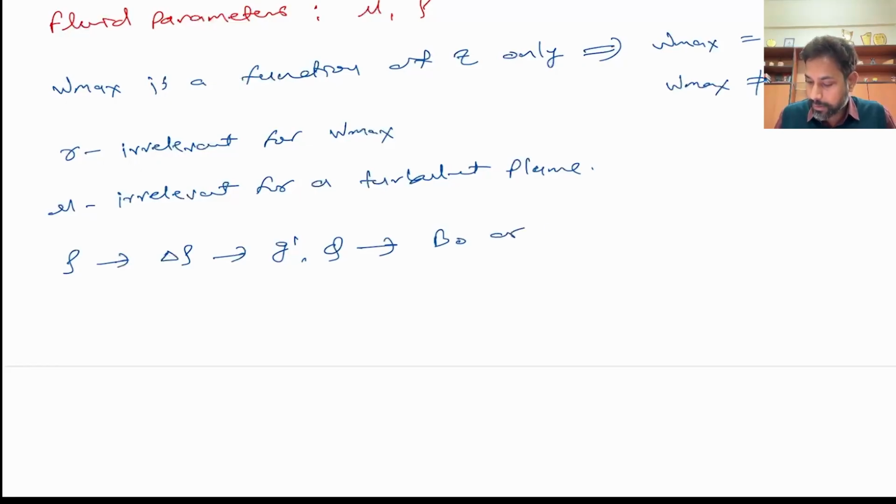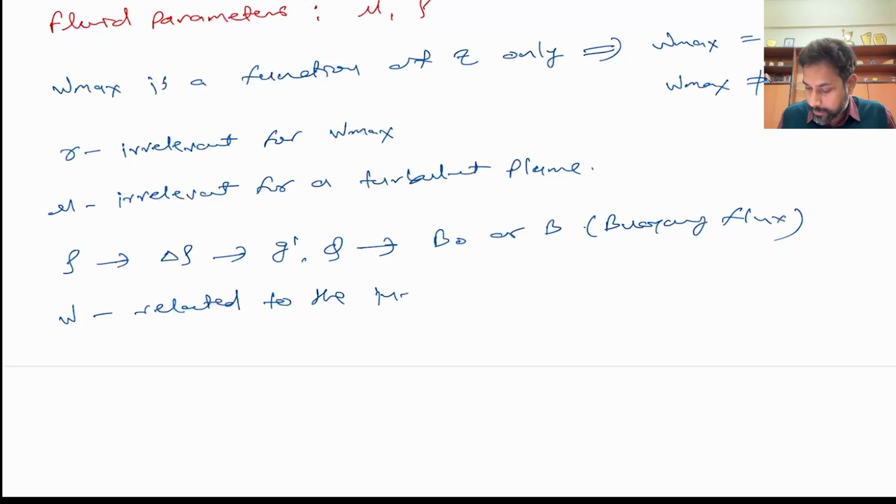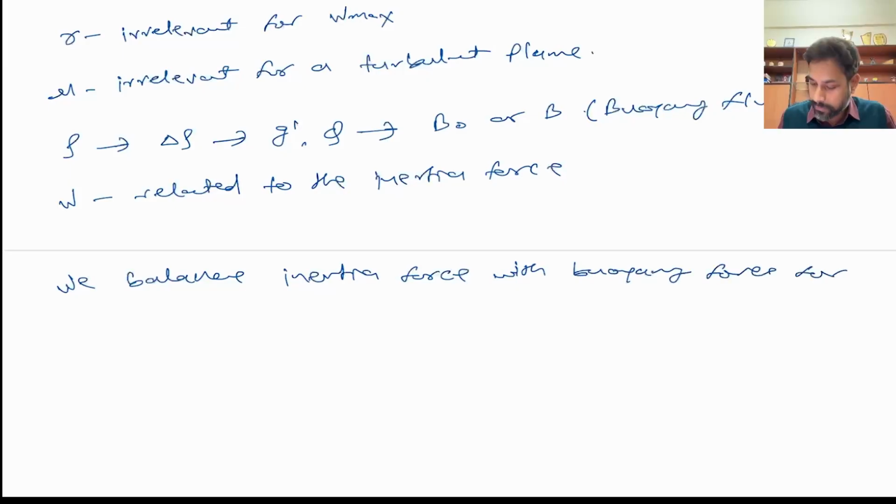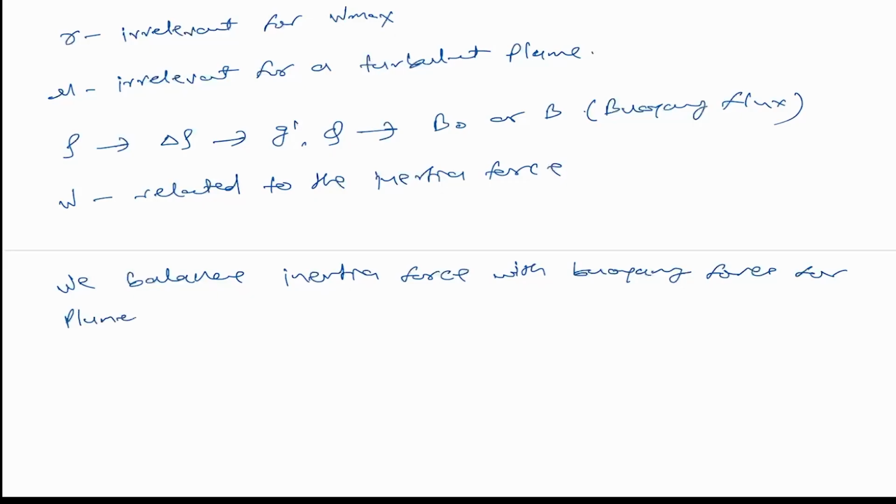B naught or B, which is buoyancy flux, where W is related to the inertia force. So we balance inertia force with buoyancy force for plumes.